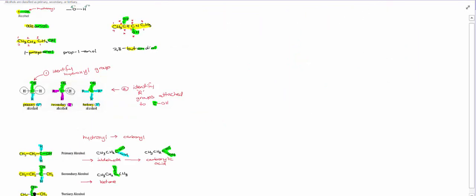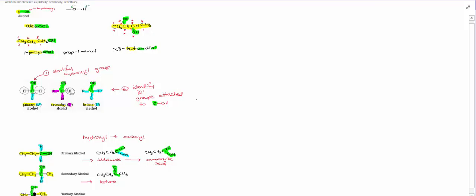So just to recap, the important points to consider are firstly how to name and draw the structures of alcohols, using the anol suffix, also using the prefix of di, tri, tetra to identify the number of hydroxyl groups, and using the correct numbering conventions also.